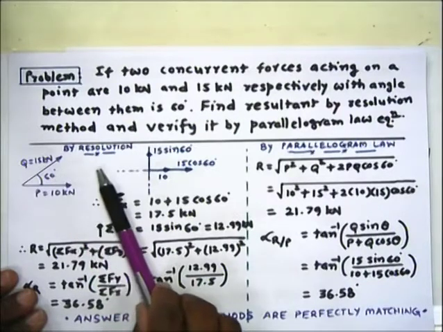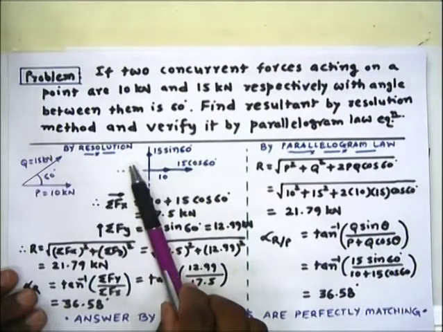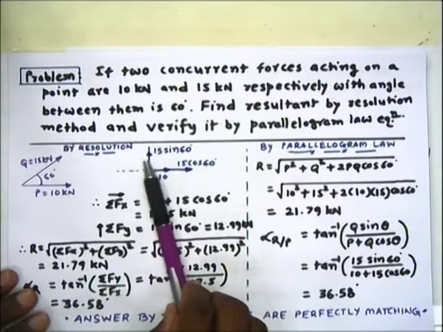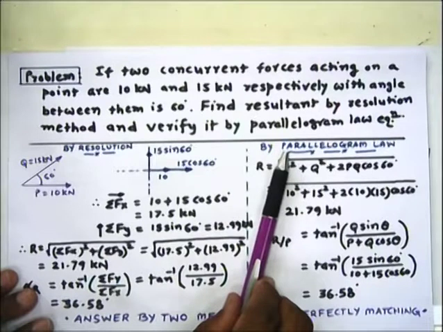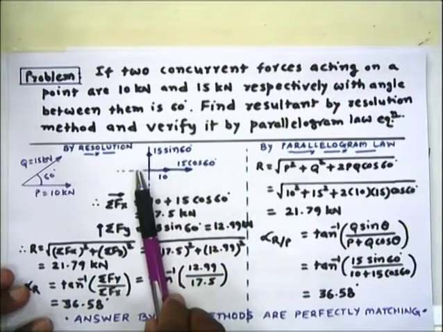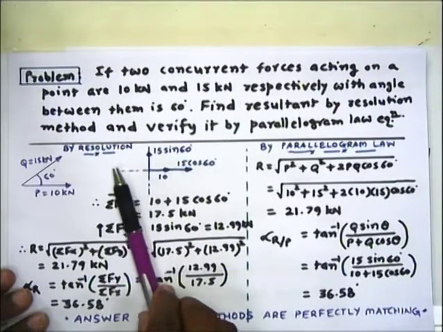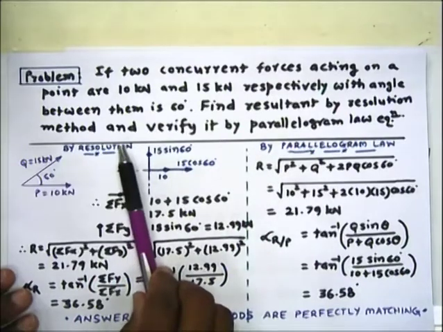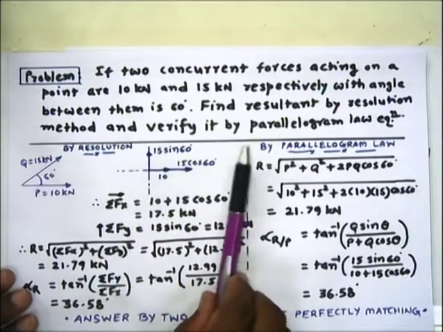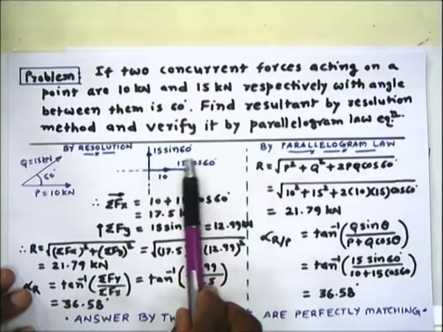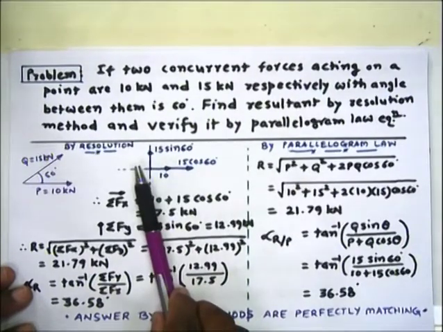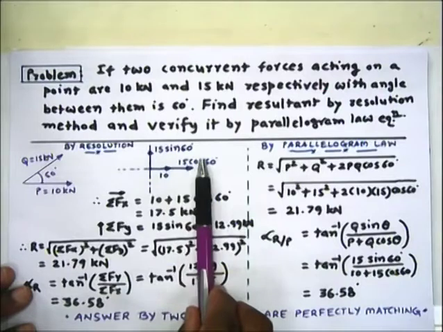Then this problem can be solved by the resolution method and by the parallelogram law. So here I have tried to give a glimpse of both methods together. Solving this problem by resolution and parallelogram, you will see the values coming will be exactly equal.